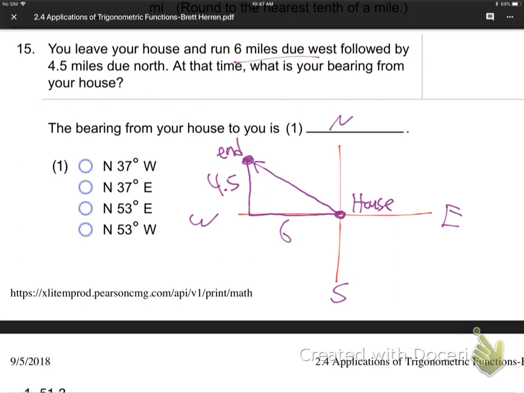That makes sense? So we went 6 miles due west, and we went 4.5 miles due north. Right? West and north. And they say at that time, what is your bearing from your house? Meaning from your house to this point, what is the bearing?